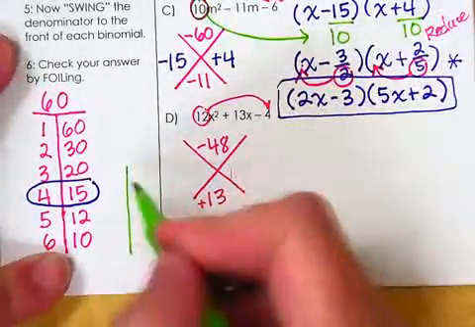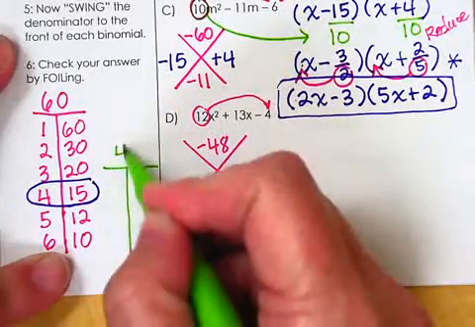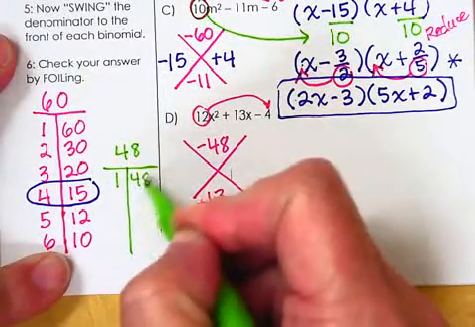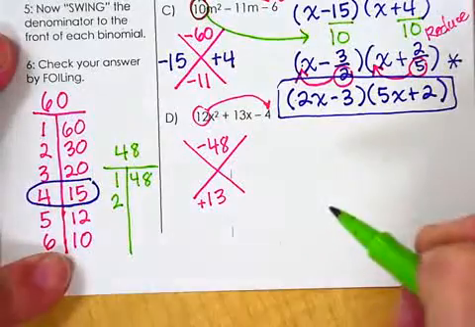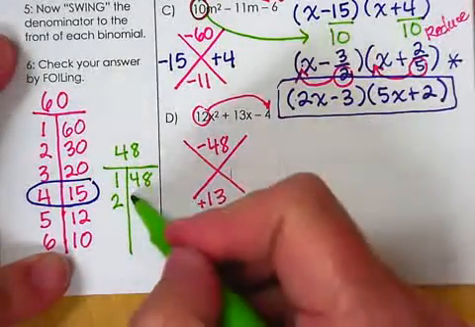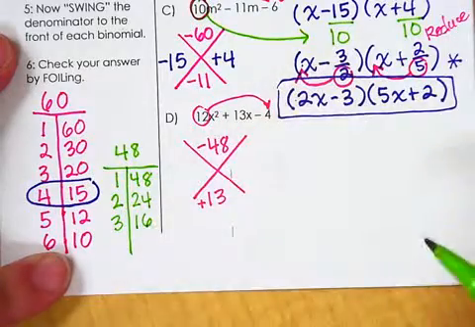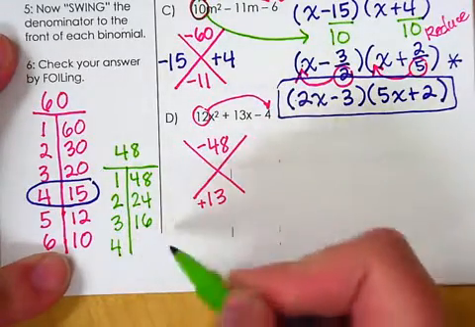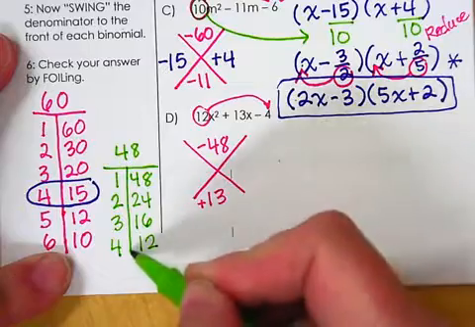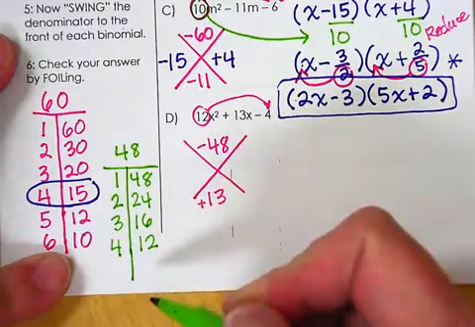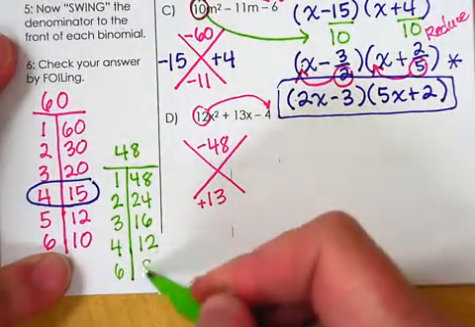Again, we might want to make a little t-chart here. 1 times 48, 2 times 24, 3 times 16, 4 times 12, and 6 times 8.